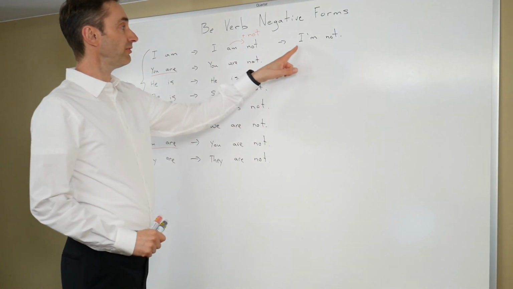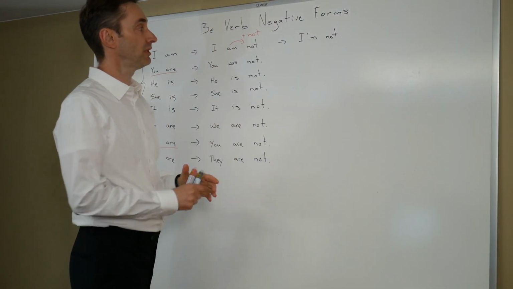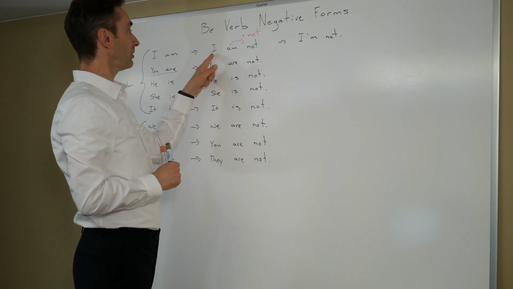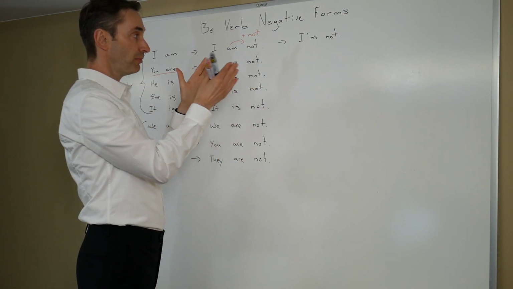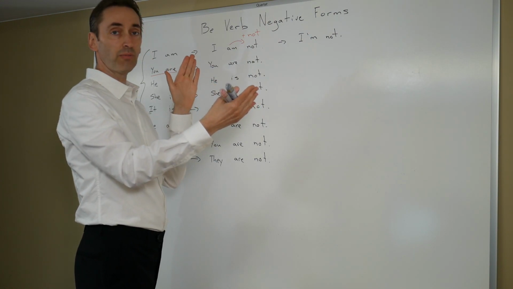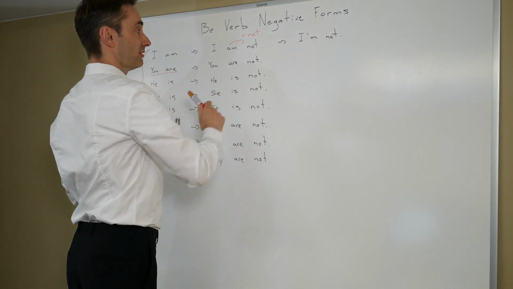In this case, we've changed the pronoun and be verb into a contraction. And this is the spoken form. 代名詞とbe動詞を短くして話しするときにできるだけ文章を短くする。So, I のときは I'm not.